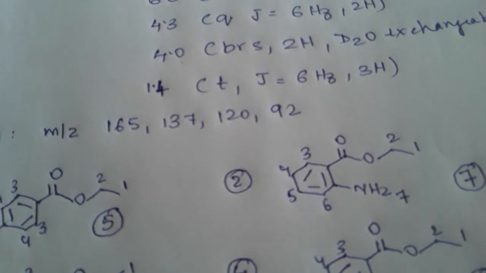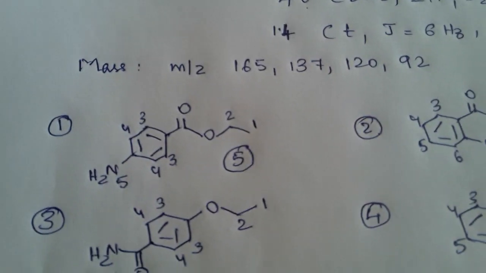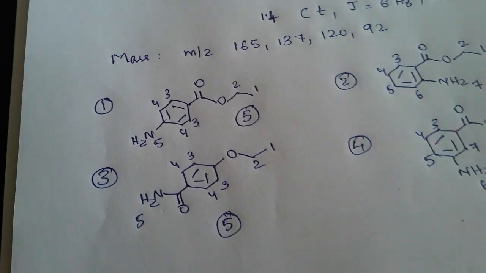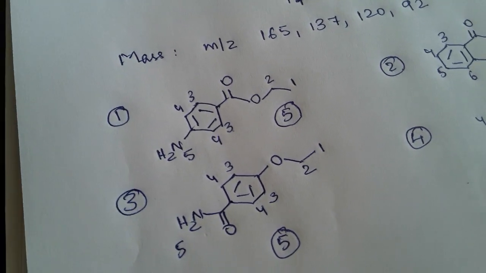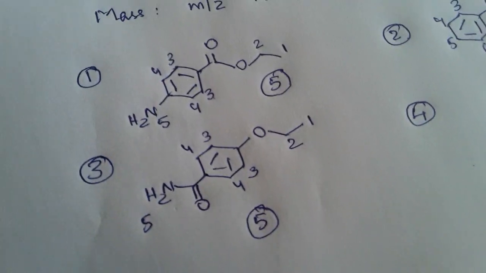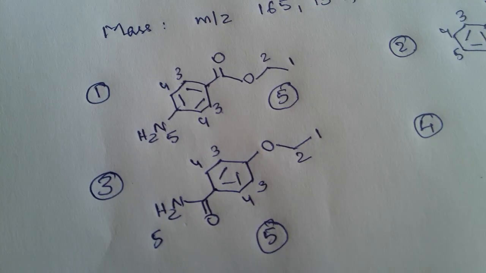These two we have already ruled out, but these two NH2s are also D2O exchangeable protons. So how do you make out of 1 and 3 which is correct? There's something interesting about the way the exchangeable protons are connected.